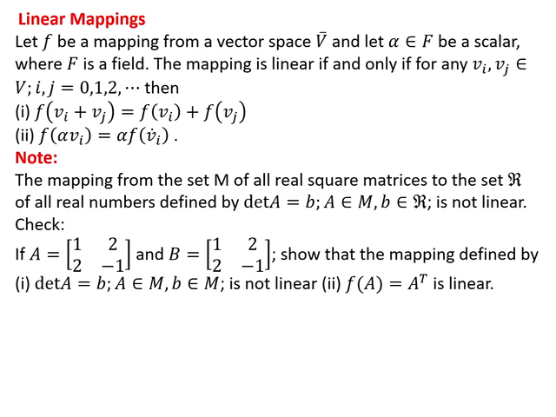When you are defining a linear mapping, there are two things to test for, to ascertain whether that particular mapping is linear or not linear. The first condition is that f of vi plus vj must equal f of vi plus f of vj.